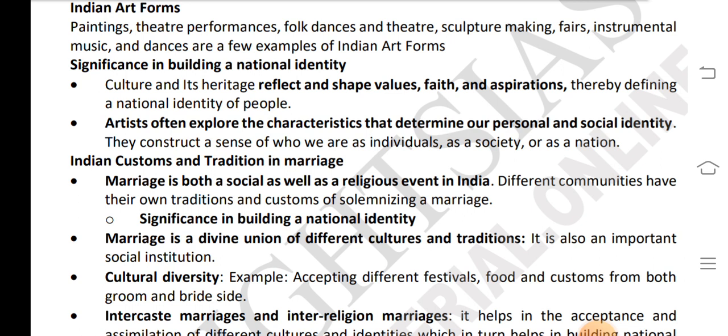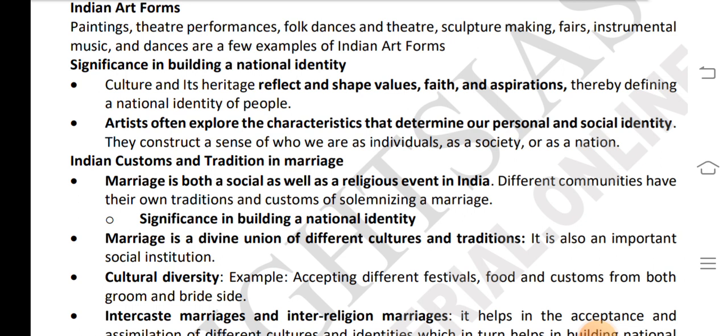Culture and its heritage reflect and shape values, faith and aspirations, thereby defining the national identity of people. Artists often explore the characteristics that determine our personal and social identity. They construct a sense of who we are as individuals, as a society and as a nation.